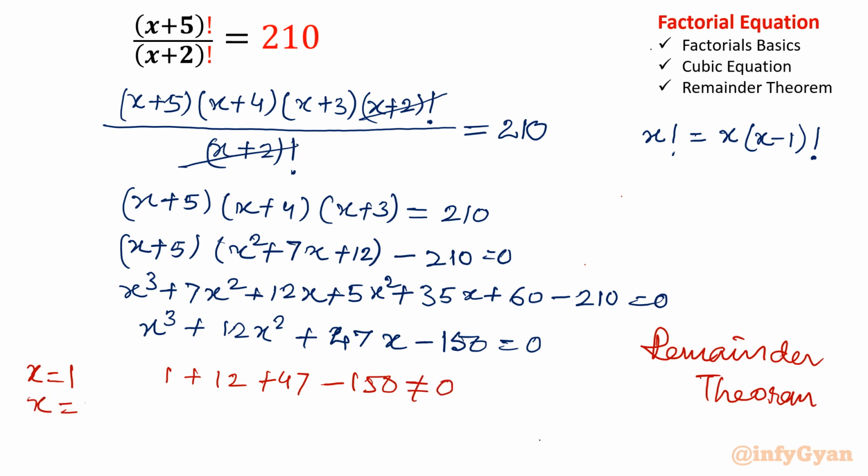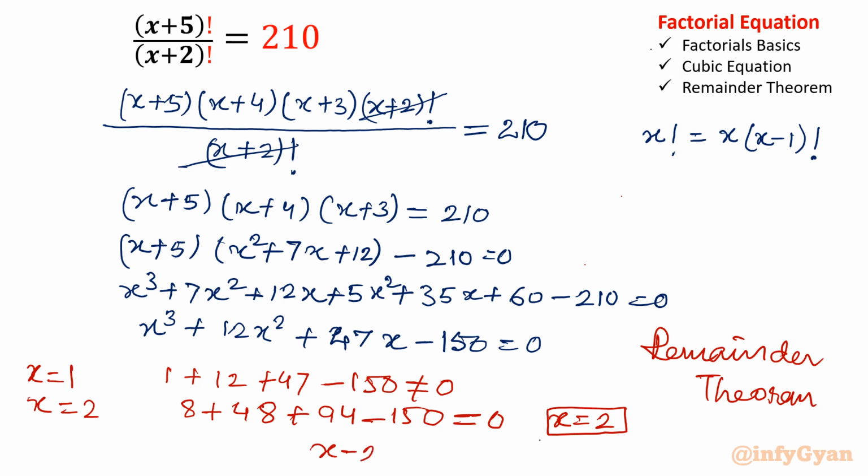Let me put x equal to 2: 8 plus 48 plus 94 minus 150. If you check, it gives you 0. That means x equal to 2 is one solution, or x minus 2 is one factor of the given cubic equation.